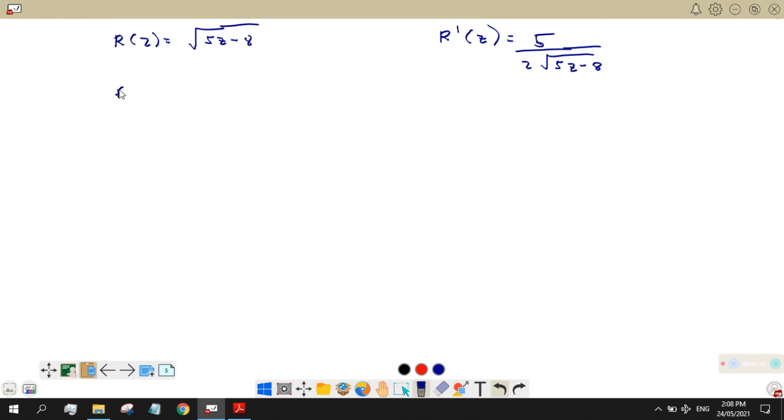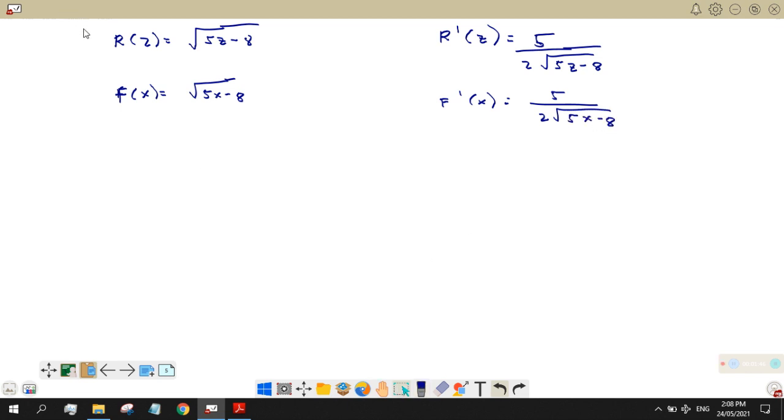And since I am not comfortable with z, I will rewrite it again into 5x minus 8. Ayan, square root of 5x minus 8. At saka, f prime of x is equal to 5 over 2 square root of 5x minus 8.